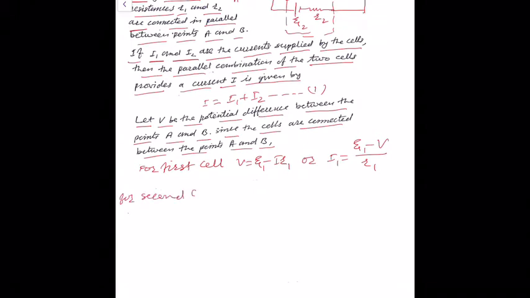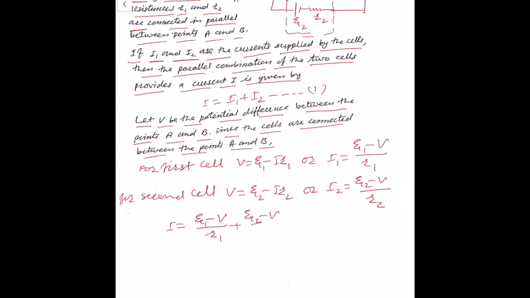For the second cell, V = E2 - I2r2, or I2 = (E2 - V)/r2.